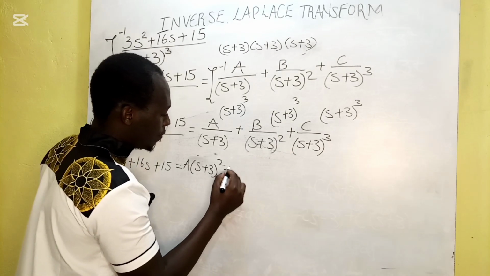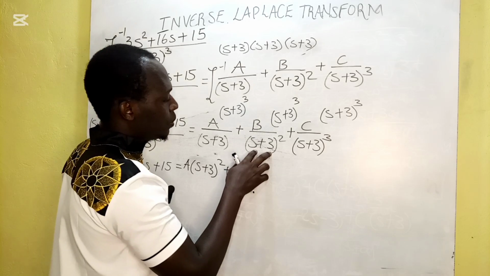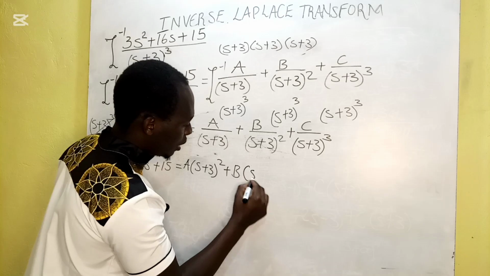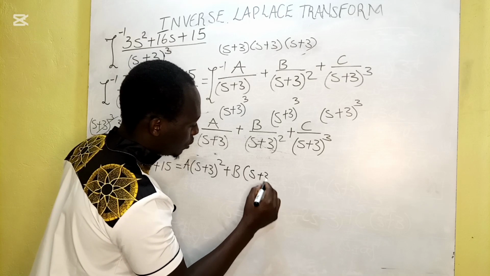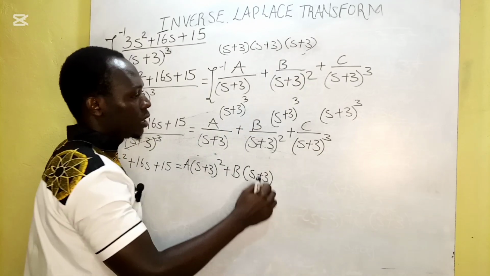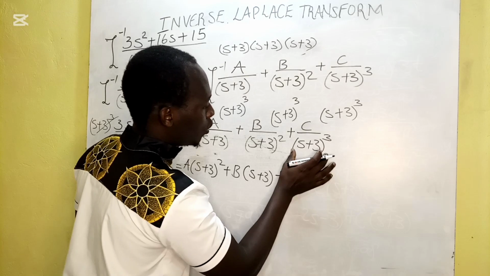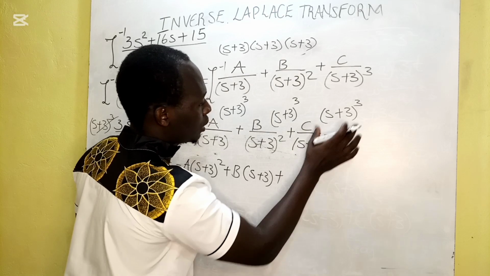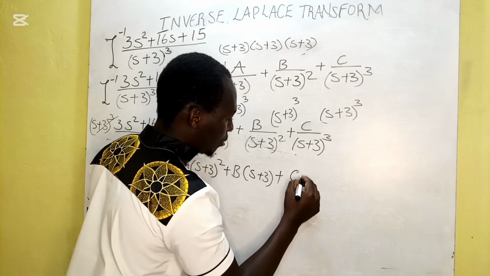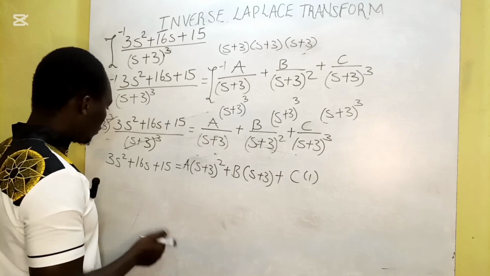Here we are going to add B. On our denominator we have (s + 3) squared, so these two cancel out and we have 1. Then the whole denominator cancels out with our function, and we are going to have C into the bracket, which is 1.